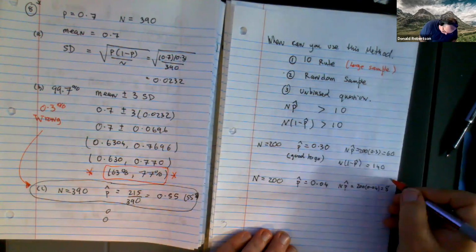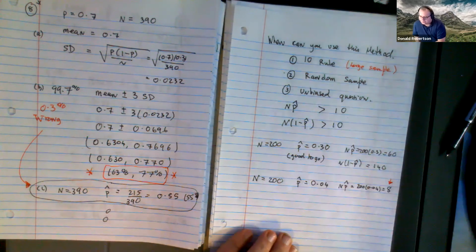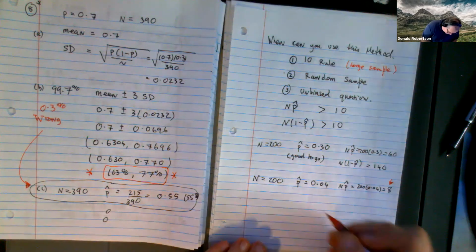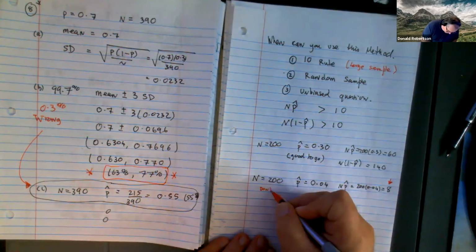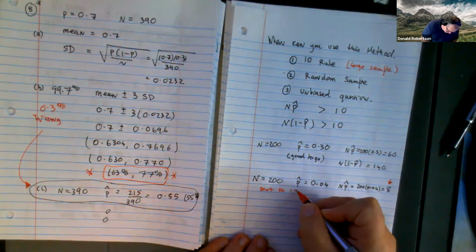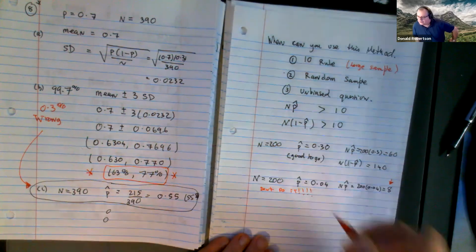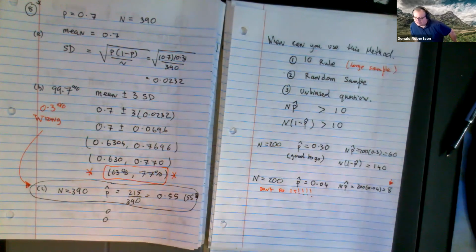Do you see that's not bigger than 10? What that means is, don't do it. I know you've just spent a couple of $1,000 collecting this data. Do not do it. If you publish it, other people will do a peer review and you'll be a laughing stock and your reputation will be in the toilet.